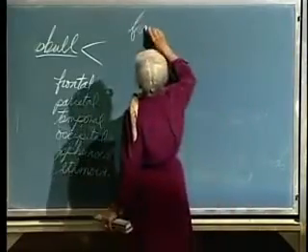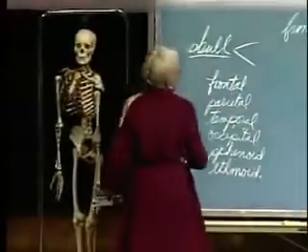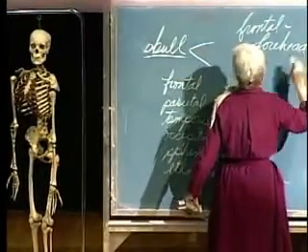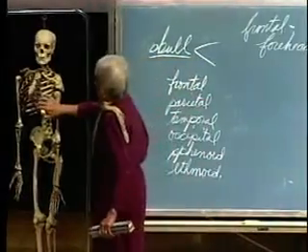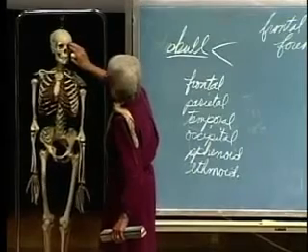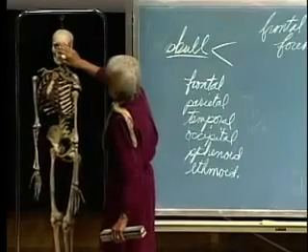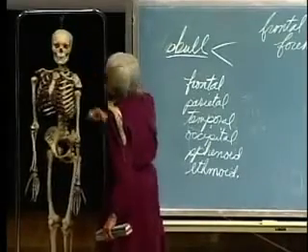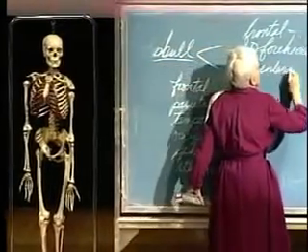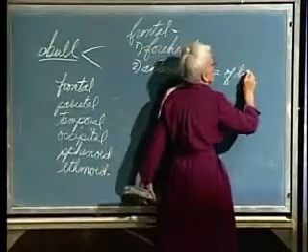Start with the frontal. Well, easy enough. We've said previously, forehead. So it forms the forehead. And then we'd have to go inside the skull, so you just have to take my word for it. It will form the anterior fossa of the base of the skull.